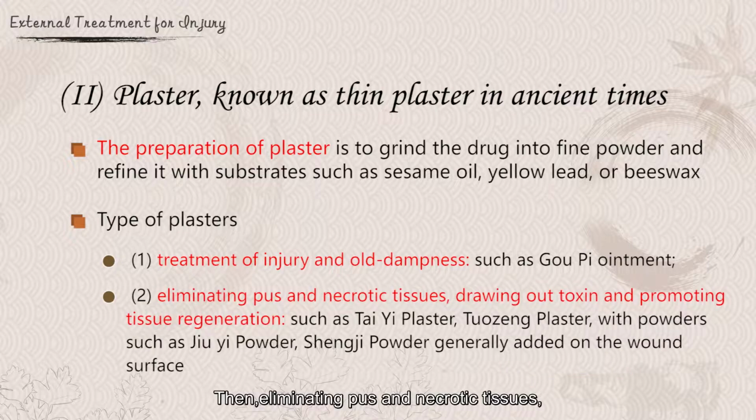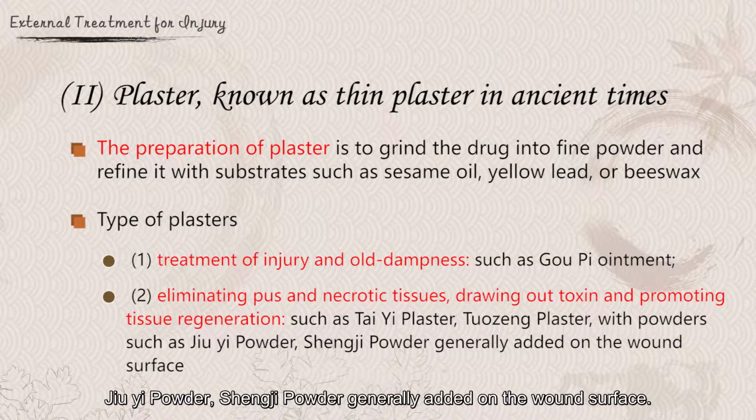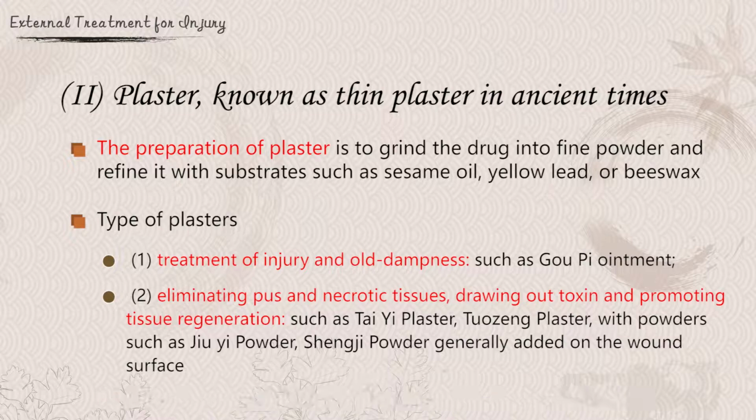Then elimination of stasis and necrotic tissues, drawing out toxin and promoting tissue regeneration, such as 太乙 plaster, 驼增 plaster, with powders such as 9E powder, 生津 powder generally added on the wound surface.